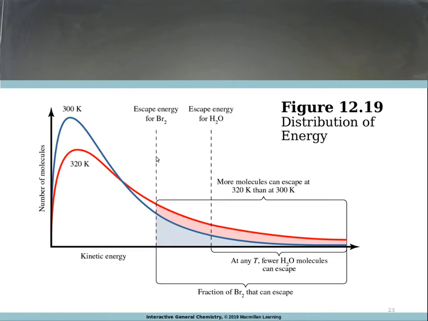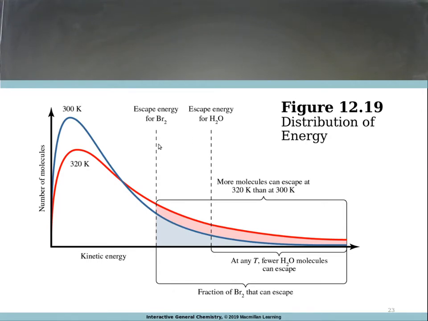and different substances might have a different escape energy. So if we compare bromine to water, remember bromine has only dispersion forces, and so it has relatively weak intermolecular forces, and so the escape energy required for a bromine molecule to break free into the vapor phase is relatively low. Water has hydrogen bonds, and so it has a very high escape energy. A lot of energy is required for water to break.